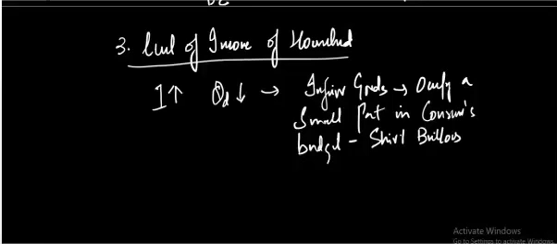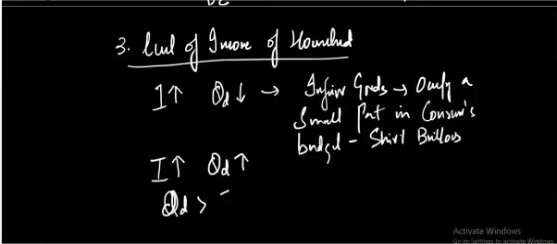Now, in the other case, if the income increases and the quantity demanded also increases, however, the increase in quantity demanded is more than the increase in income. Such commodities are known as luxuries.